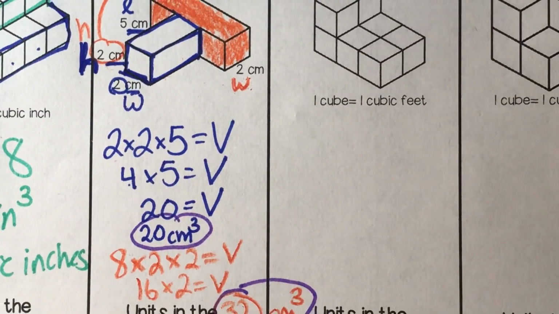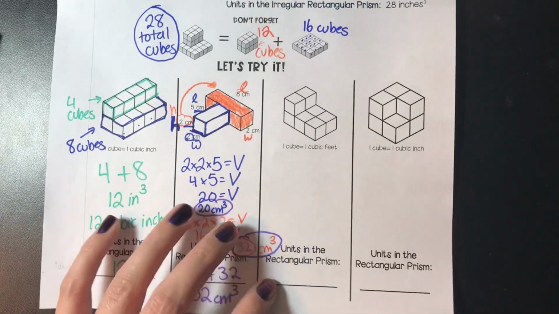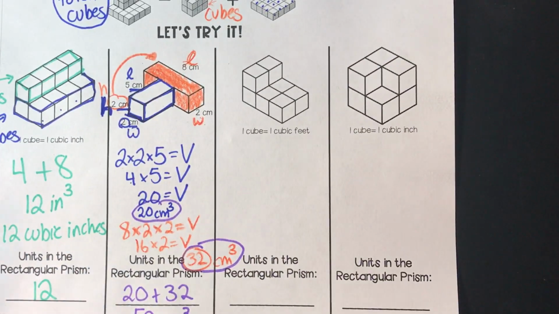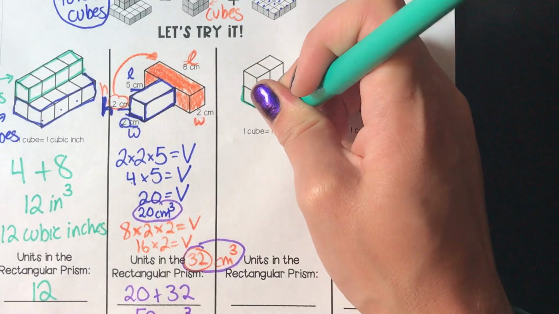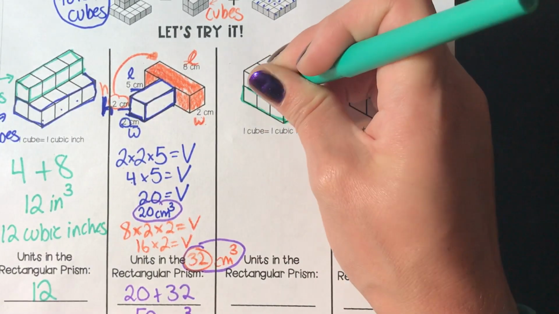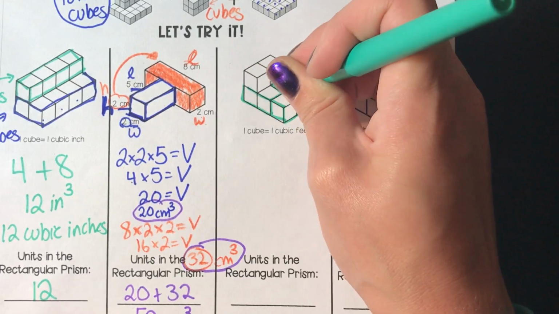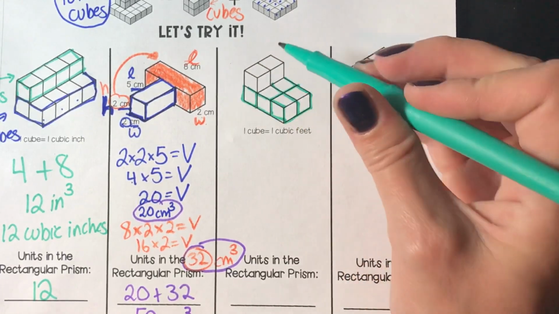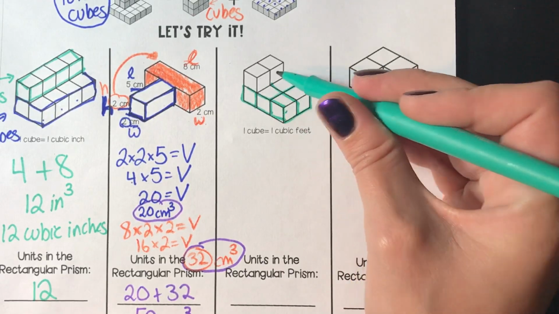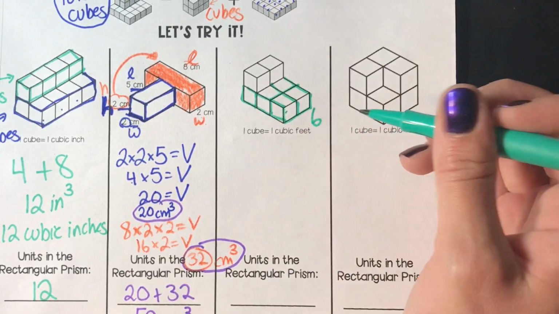Let's try one more together. So I have this new shape. This bottom row has like 3 across. And another row. So if I had to count the number of blocks on this bottom chunk, it looks like 1, 2, 3, 4, and I can't see, but there's 5, 6 pieces making up that bottom row.